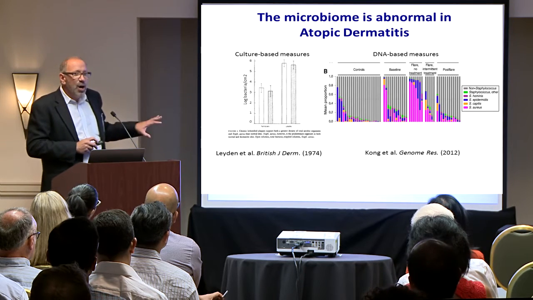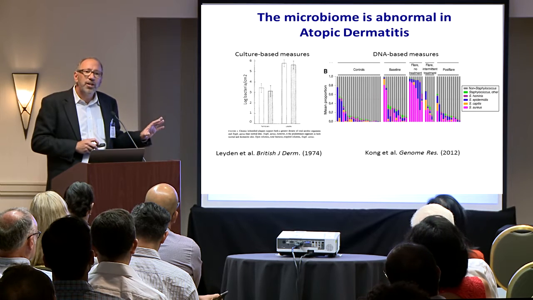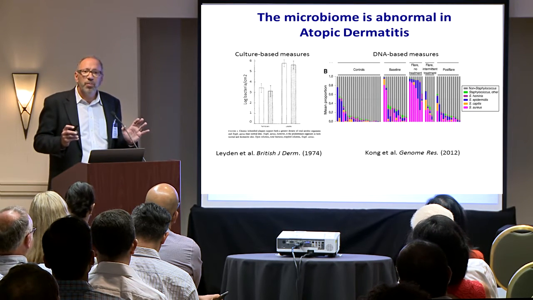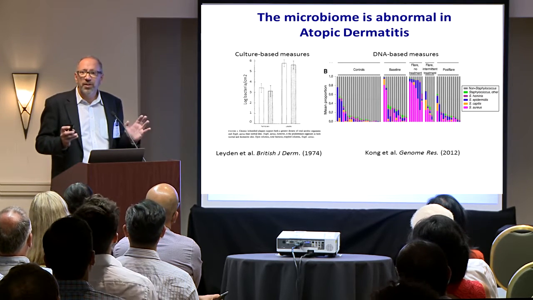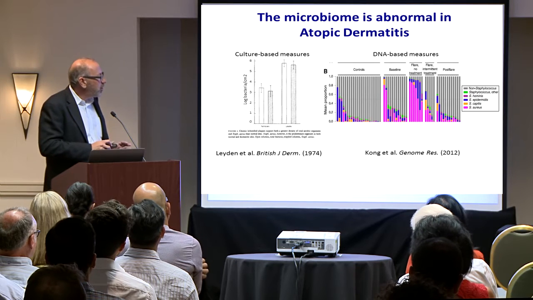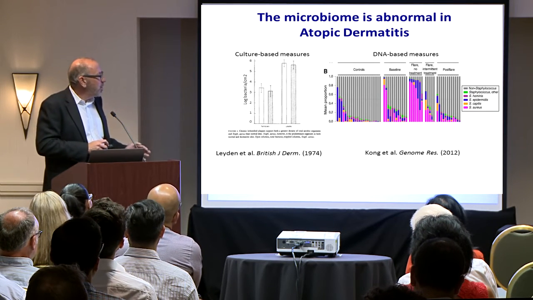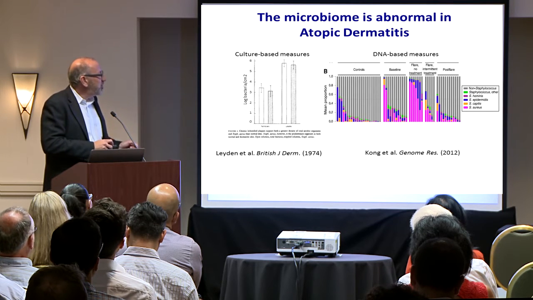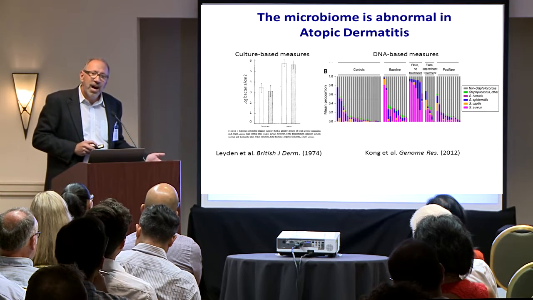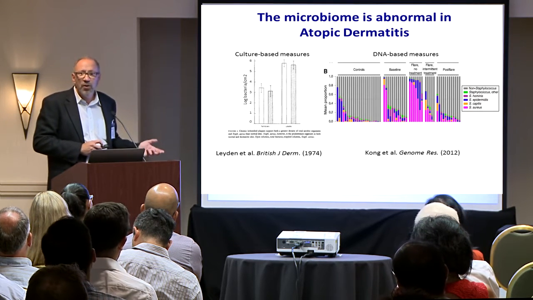We picked atopic dermatitis as a target not only because it's common, but because there's a long history of non-controversial information showing that atopic dermatitis is an excellent example of dysbiosis. This goes back to the 1970s, when, by culture-based methods, Al Kligman and his group just swabbed atopic patients and showed that they had many more bacteria on their lesional skin than non-atopics, with a predilection for colonization by Staph aureus in that study.